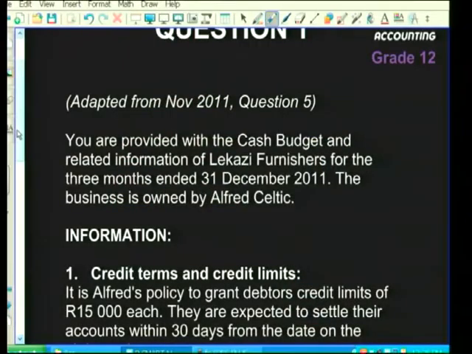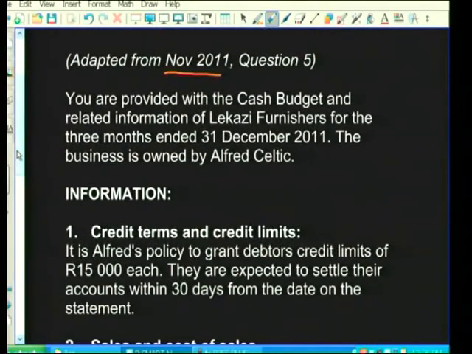Right, guys, I think I've said enough on the cash budget. Let's now start with a question, and let's go straight into that question. Today, people, we're going to be working from a question that was taken from the November 2011, and let's read.